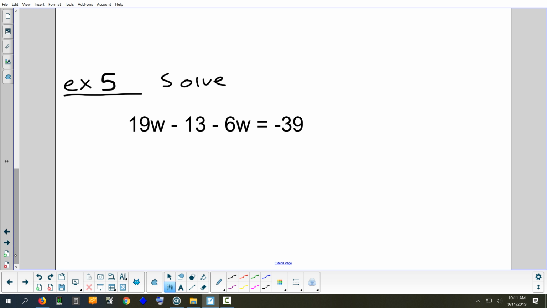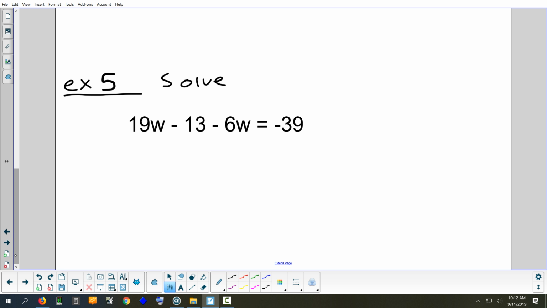All right, so example 5, 19w minus 13 minus 6w equals negative 39. Jaden, what would my first step be there? First step would be to combine all terms. Yes, good job. First step is simplify, no distributive property for today. Then combine like terms.